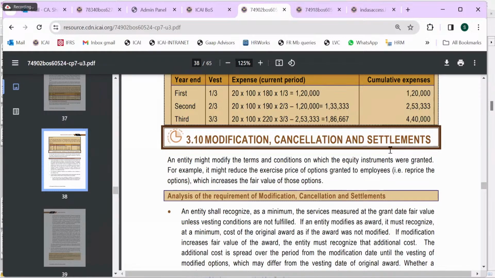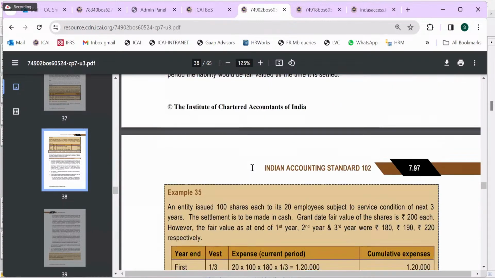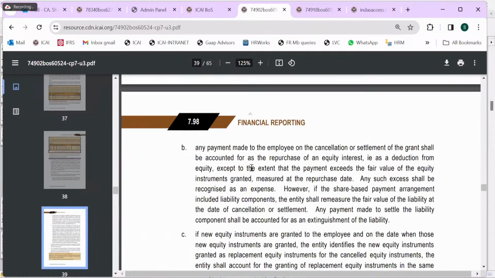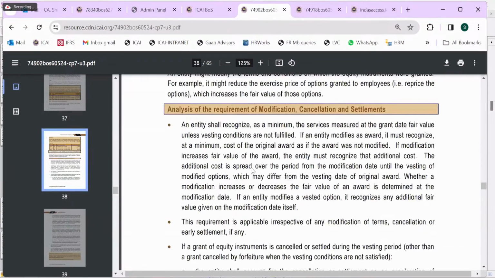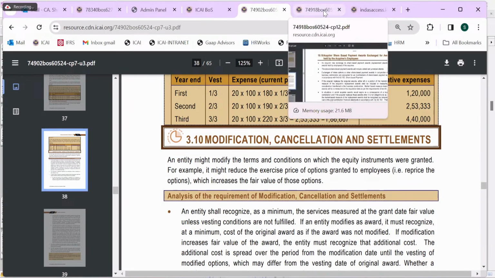As we have read in Ind AS 103, this is a case of modification. You can study from Ind AS 102 also, module 2, chapter 7, unit 3, page number 7.98. Section 3.10 deals with modification of share-based schemes, and this will also be relevant in case of your Ind AS 103 business combination. However, I'm just going through your 103 only.